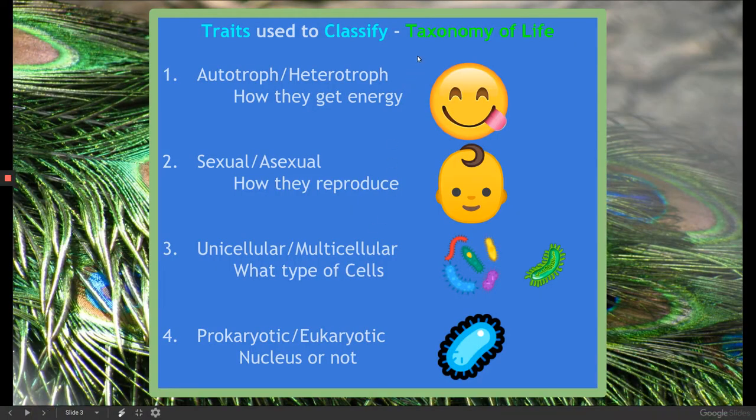Now, just a quick review about the taxonomy of life and the traits that we are going to use to help us classify into domains. It involves, first of all, autotroph or heterotroph, producers or consumers. Sexual or asexual: how do they reproduce? One parent or two parents. Unicellular or multicellular: is it made up of just one cell or more than one cell?